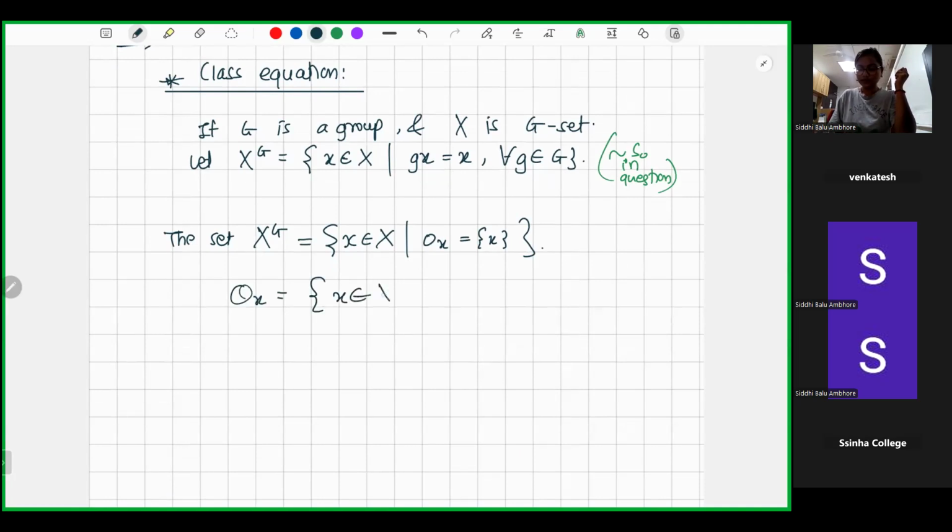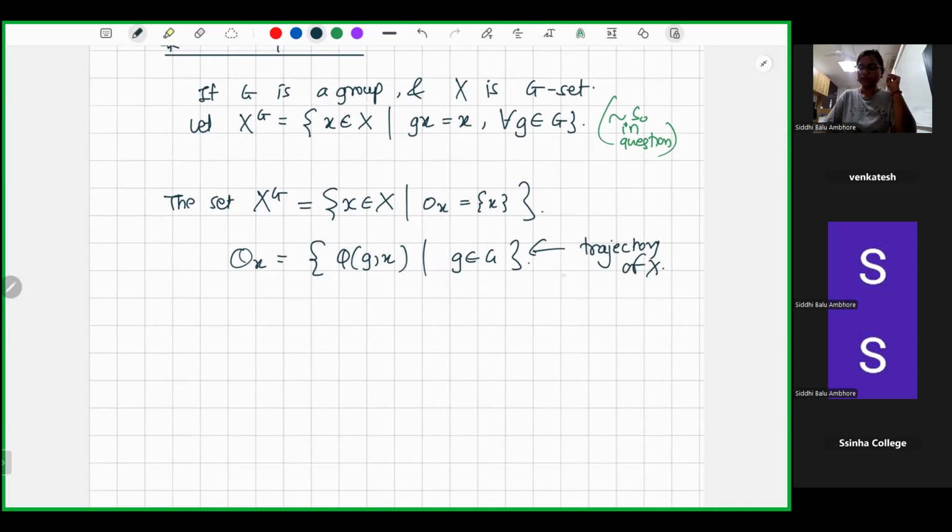It is the collection of all gx, g in G. So every time my g is acting on this x, what are all the possible elements I get? This is called the trajectory, or orbit, of x. It is the collection of all these elements.